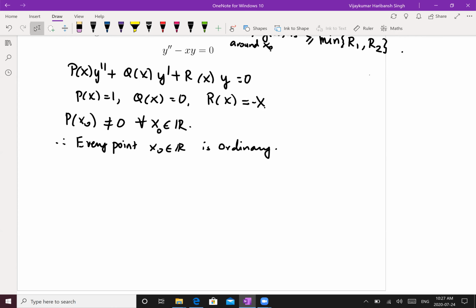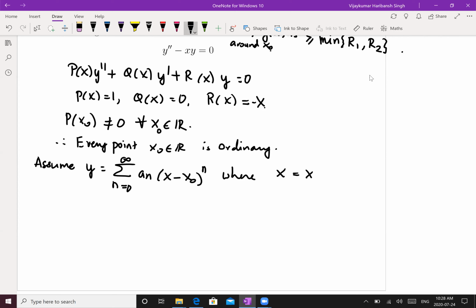So now we want to find a solution to this. Assume y equals the summation n equals 0 to infinity of a_n (x minus x naught) to the power n, where x naught is fixed.